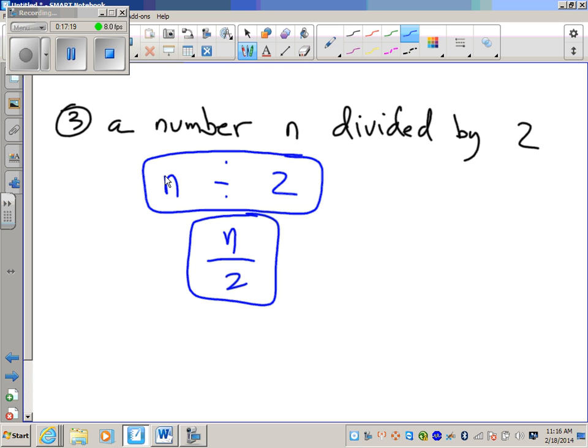Either way will get you the point. Now the advantage to doing it this way is when you plug in the 5 for n, that looks an awful lot like an improper fraction. How many times is 2 going into 5? How many are left? There's your other point.